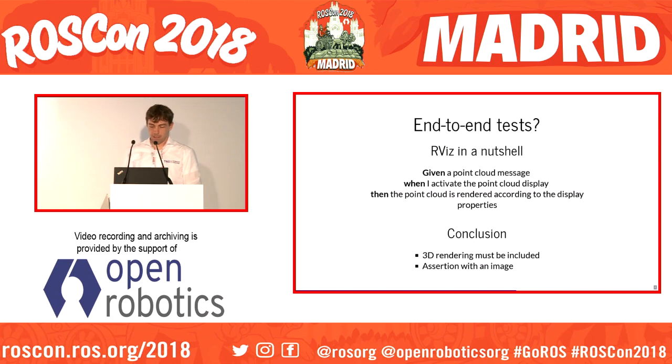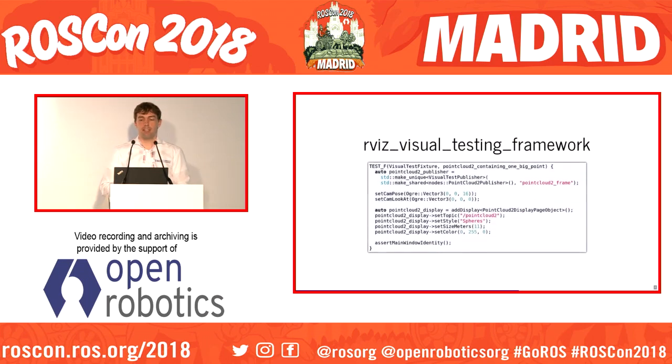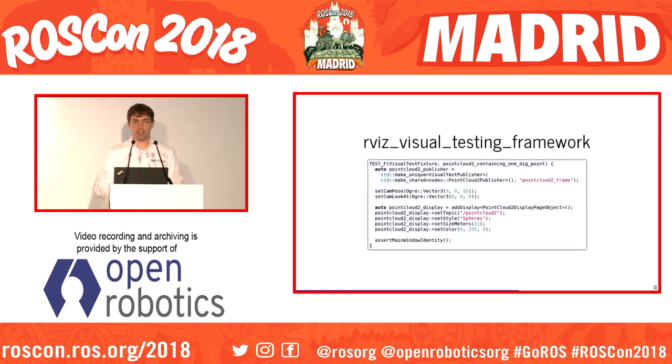We built something like that, and it took the name of the RViz Visual Testing Framework, which is a new sub-package of RViz providing this functionality. Don't be afraid, this is going to be the only slide of code I'm showing. I just want to walk you through the test, because it's the actual example test.